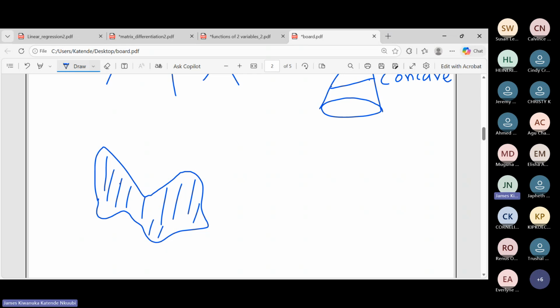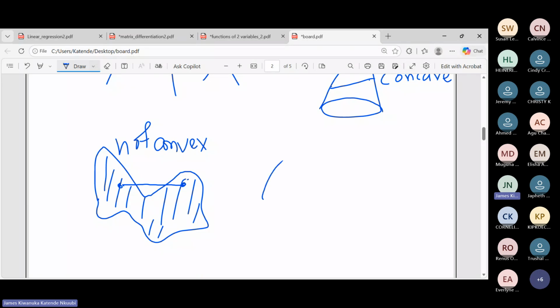If I pick a point inside here, another point here, and I join them with a straight line, part of the straight line is outside the set. So this one is not convex. It is not a convex set.